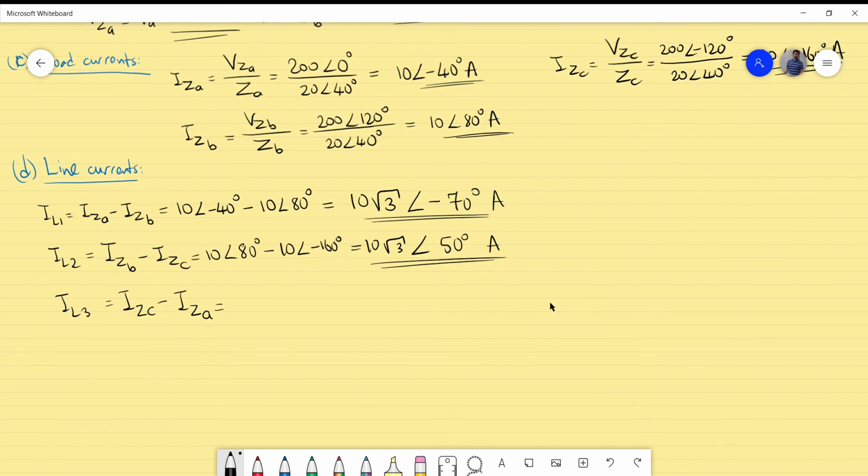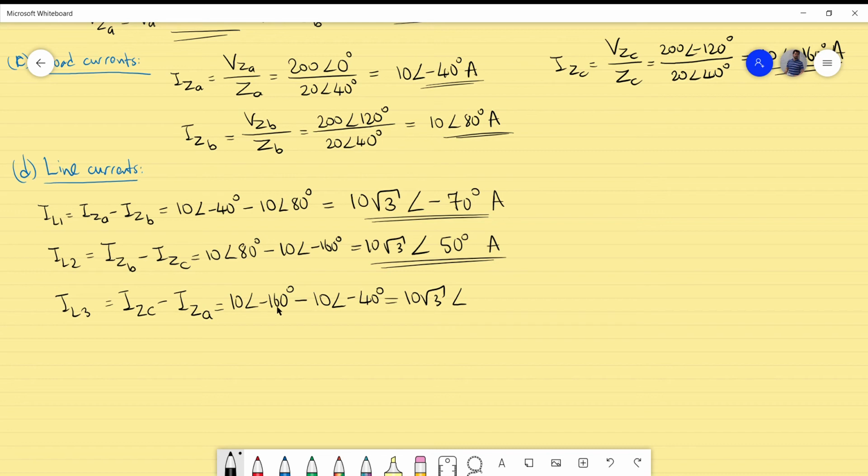Again, if I now substitute the values, I will have 10 amperes minus 160 degrees minus 10 amperes and a phase of minus 40 degrees. Again, you can do the math by converting the polar notation to rectangular form, or you can see the pattern and use that. So what I can say is that it's 10 times square root of 3 for sure for the amplitude, and this phase must be reduced by 30 degrees.